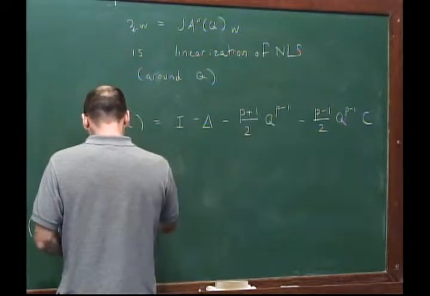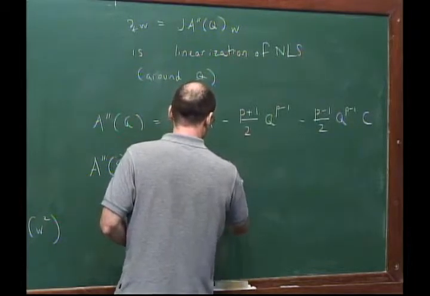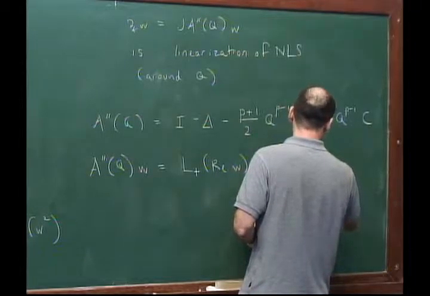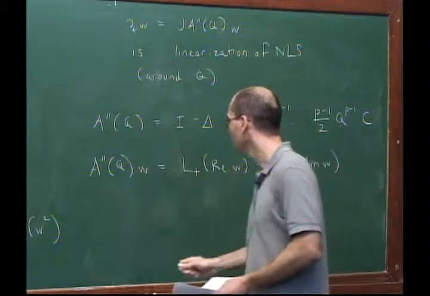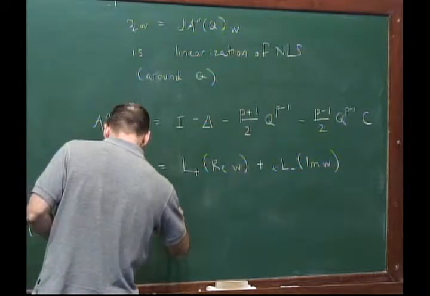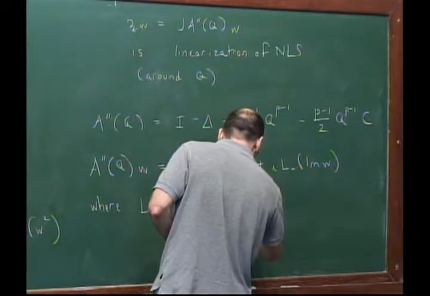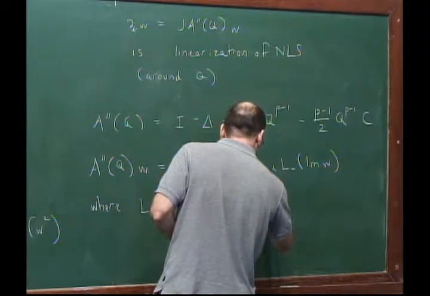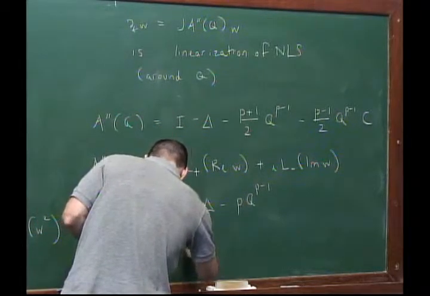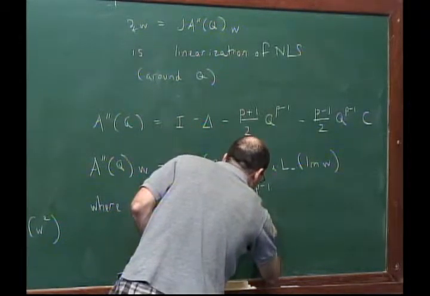So most people write this as L plus of the real part plus i L minus of the imaginary part, where L plus is 1 minus Laplacian minus p Q to the p minus 1, and L minus is 1 minus Laplacian minus Q to the p minus 1.